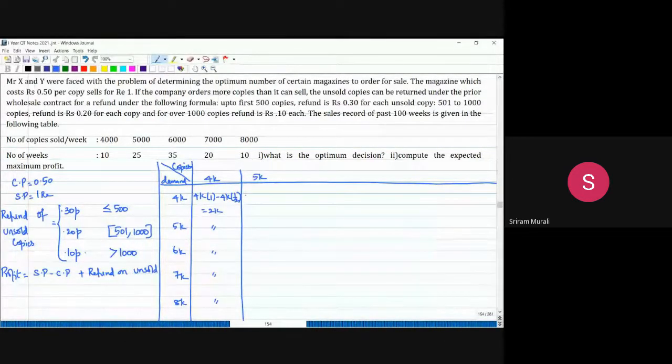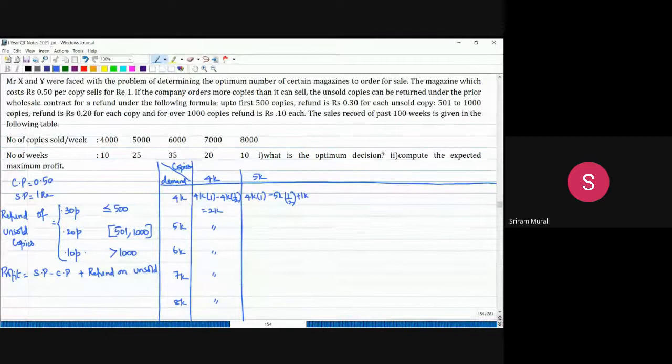The next one is demand is 4,000 into 1 minus supply. It is 5K into 1 by 2. Do you have any unsold? 1000 is not unsold, am I right? So what is the unsold value? If it is 1000, it should be 20 paise for one copy.